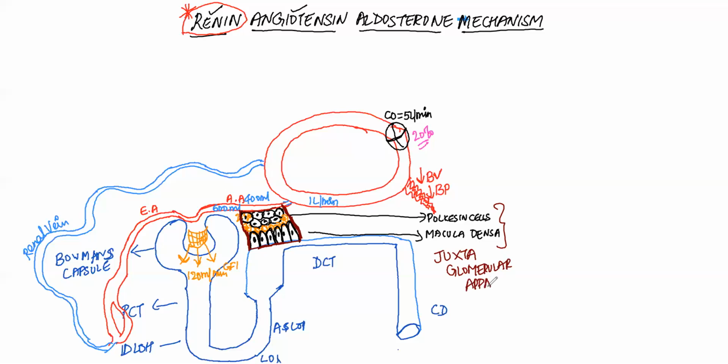Juxta means adjoining to the glomerulus. This is your glomerulus. So they are adjacent to the glomerulus, and since they are one unit, they are referred to as an apparatus. So this is nothing but your juxtaglomerular apparatus, a combination of Bronchus cells and macula densa.